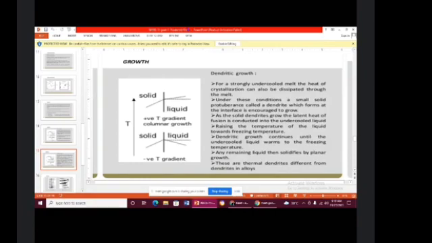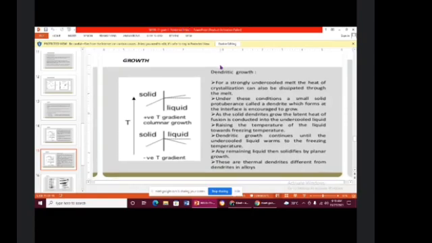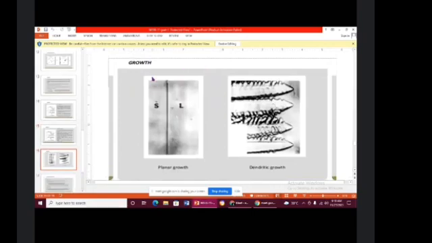Dendritic growth continues until the undercooled liquid warms to the freezing temperature. Any remaining liquid then solidifies by planar growth. These are thermal dendrites, different from dendrites in alloys. So this is the planar growth and this is the dendritic growth.